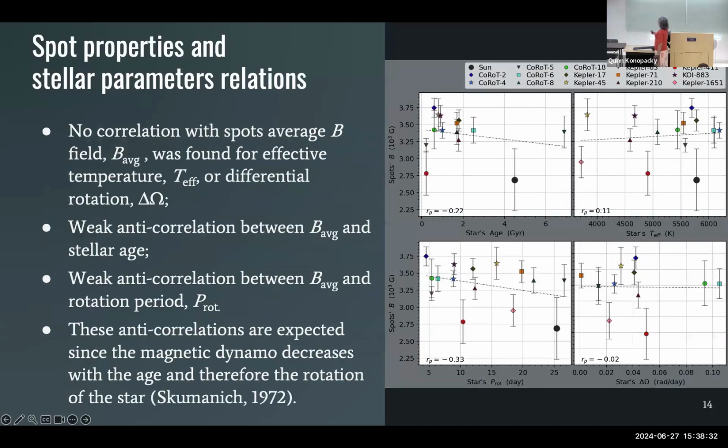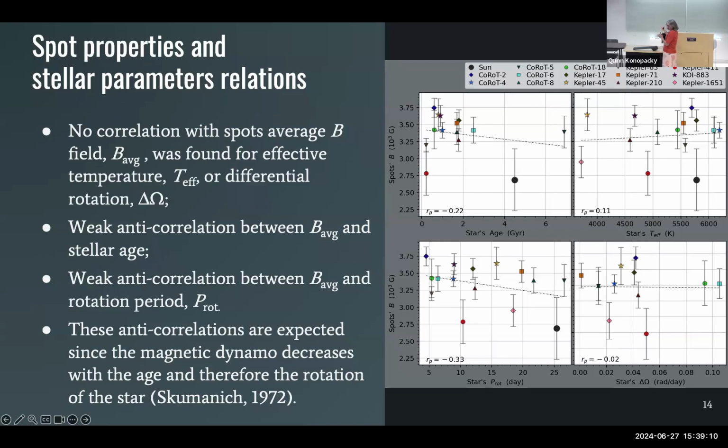Yes, I mean, we don't have much to work with. It's 14 stars. It's not easy to find stars with transits and everything for this. If we assume the effective temperature relates to the spectral type, you can see that we have, well, this is the Sun. The interesting thing, which I didn't mention due to lack of time, is that these two stars are the only ones we know have flared.